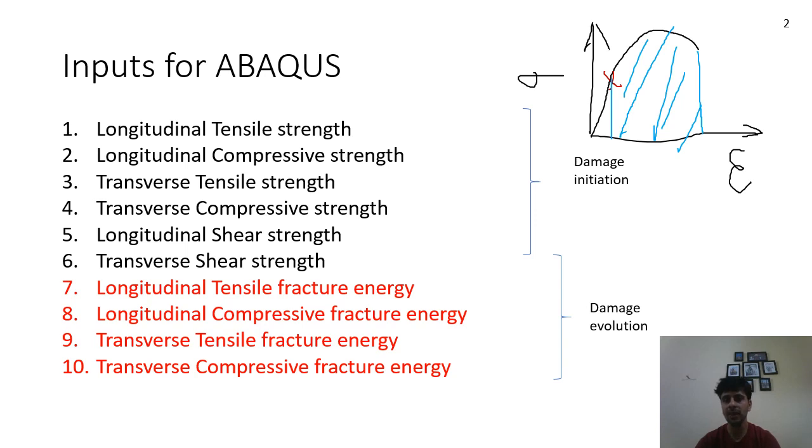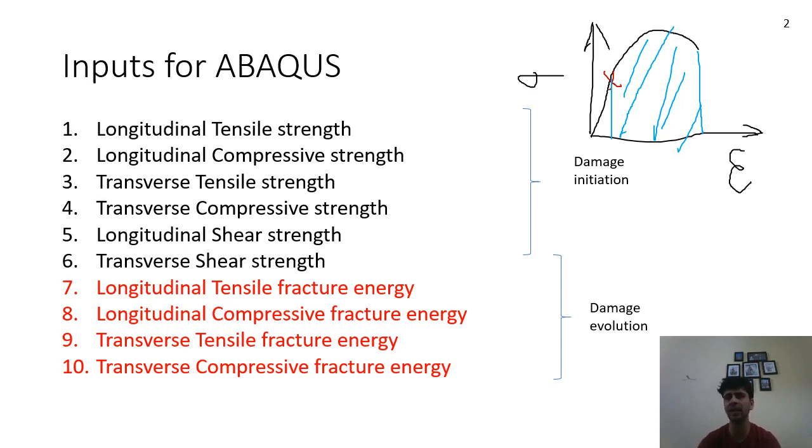Now the problem with this is that this data is somewhat difficult to find. Let's say you have the stress strain curve for a particular type of loading. How can you find out exactly the point where the first crack has propagated? It is difficult. Either you need some extensive testing with acoustic emission, micro CT, or scanning electron microscope, where you're actually observing what is happening inside. Usually that data is not available, and sometimes there is some scope for hit and trial.